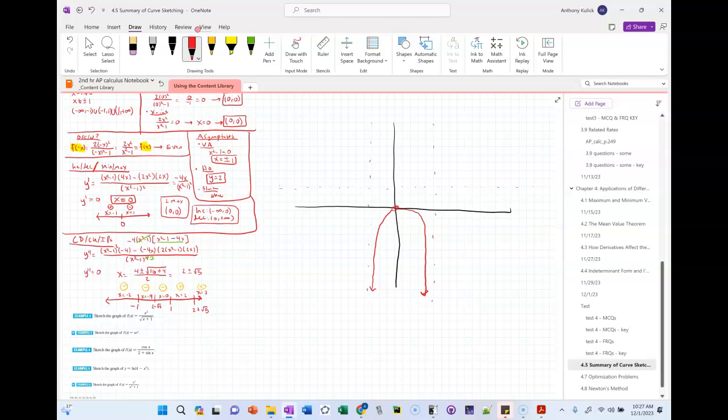Is that negative? It's concave down. What is that going to look like? It should look like this. Why does that not look like that? That's what it should look like.